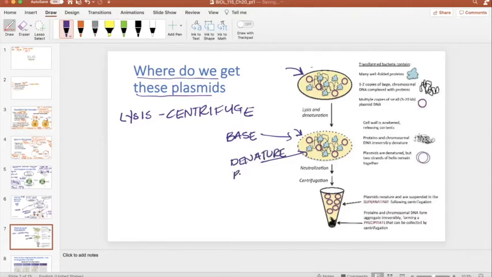It denatures the proteins and the big DNA chromosome. I'm going to put big chromosome. So basically, this base, remember that bases have strong negative charges. These negative charges are going to mess up the cell membrane, creating holes in it, if you will.